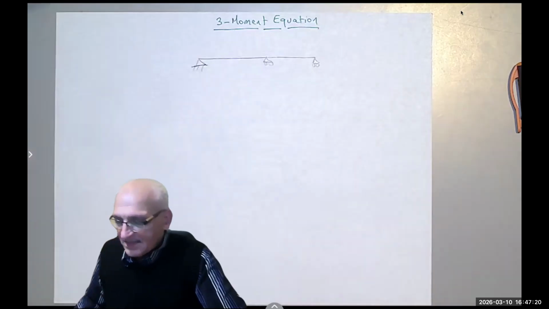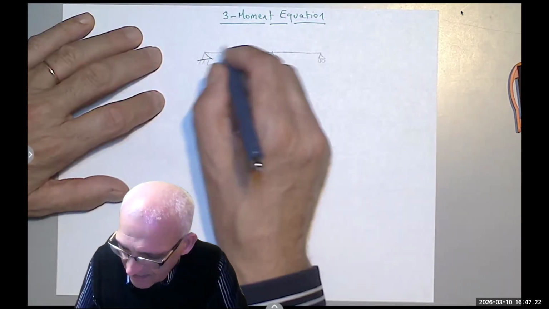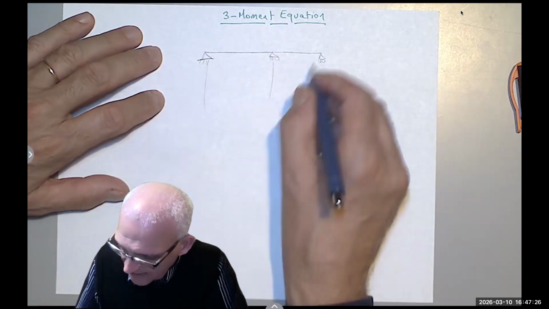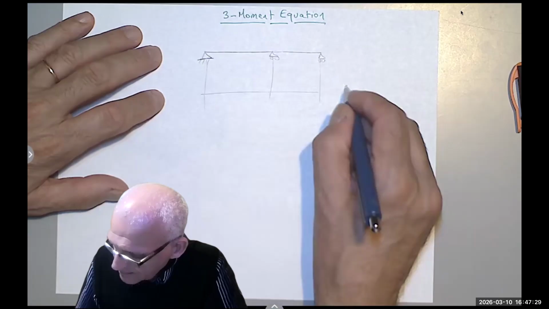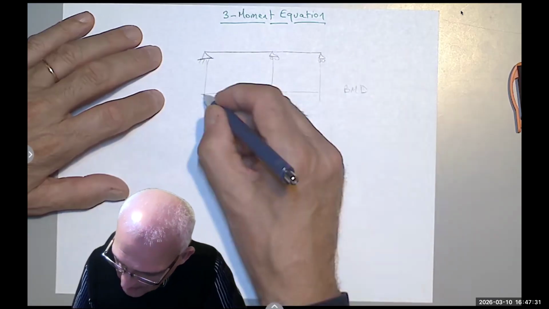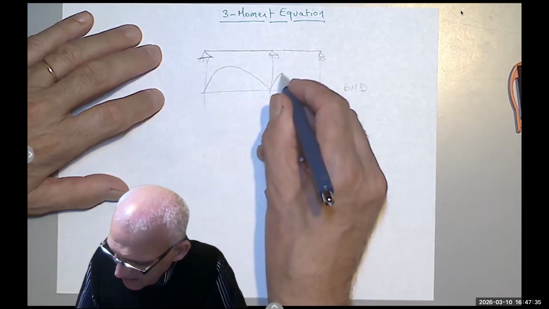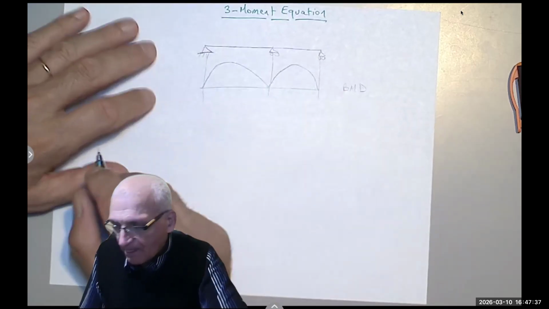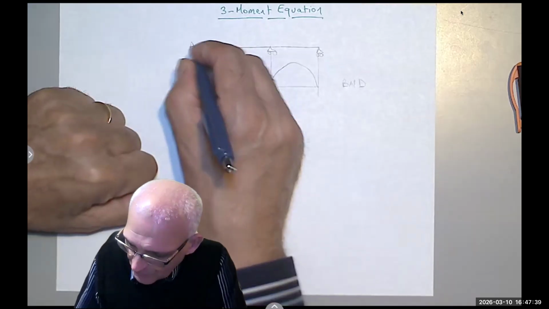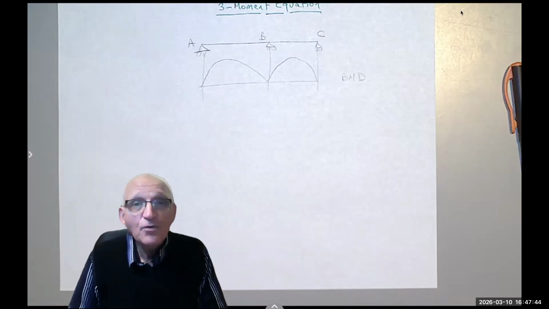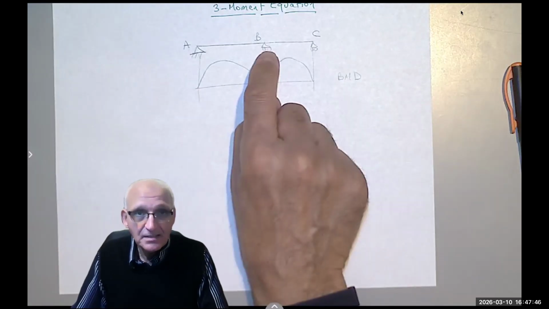And then when I draw, there are some weights here. And let's say I'm going to draw the bending moment diagram, and I got something that looks like that. I'm going to call this point A, B, C, and I'm going to show you how we write the equation at B.